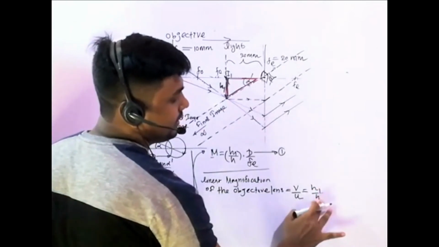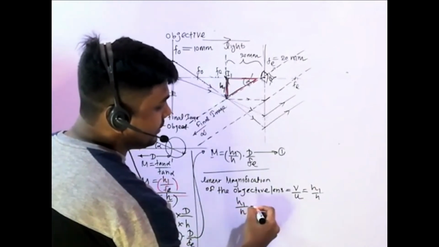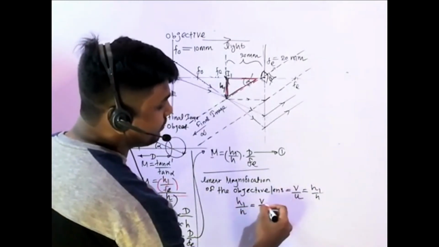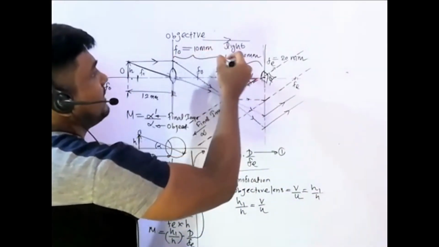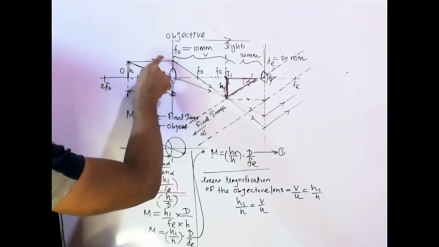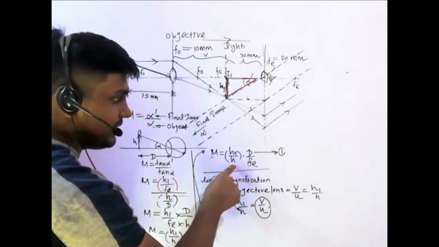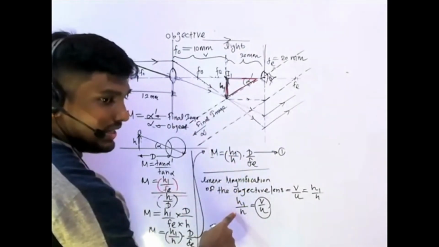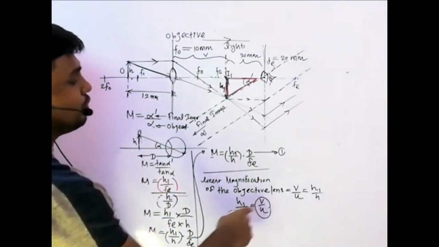H1 is image height and H is object height, so instead of H1 over H we can write V over U. V is the image distance, and the object distance is 12 millimeters. My target is H1 over H, which is nothing but V over U, so now I need to find the V over U ratio.